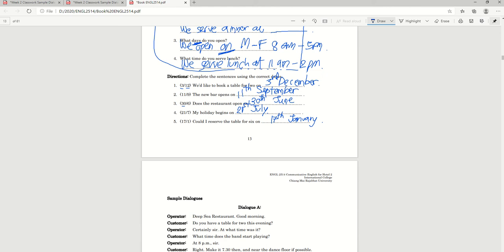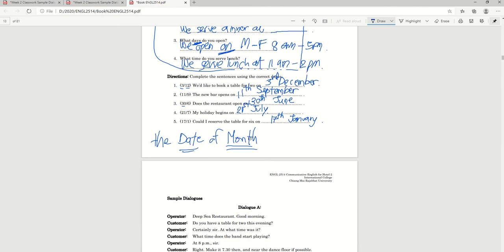The 3rd of December. So we need the and of. The date, then of, month. This is the structure, the correct structure.